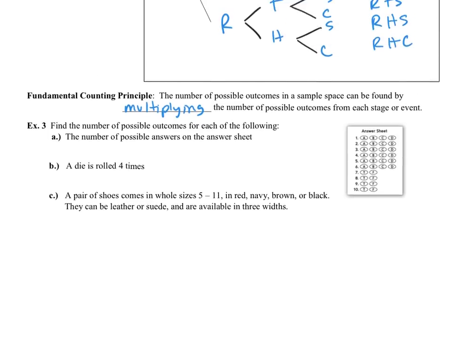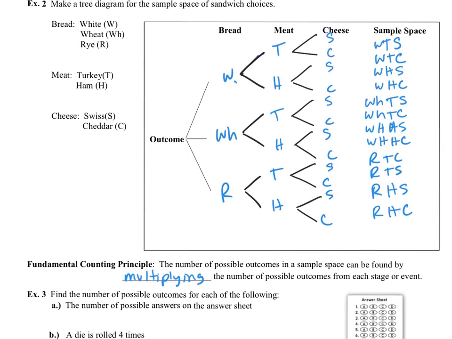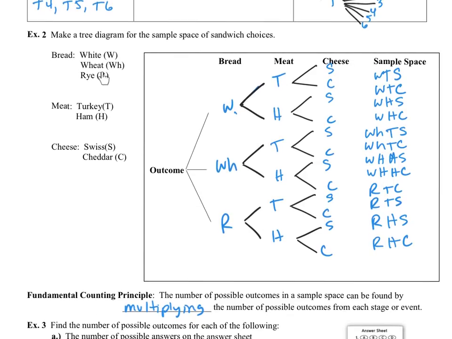If we go back to that last example, there were three bread choices, two meat choices, and two cheese choices. So 3 times 2 times 2 is 12, and if you count here, you'll see that there are 12 possible outcomes.